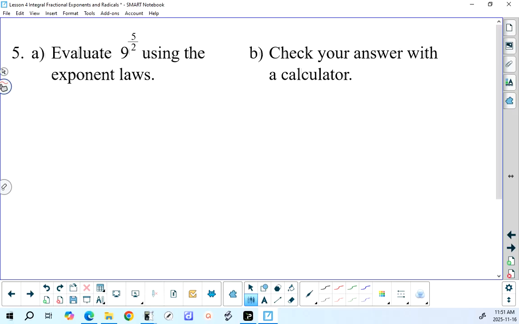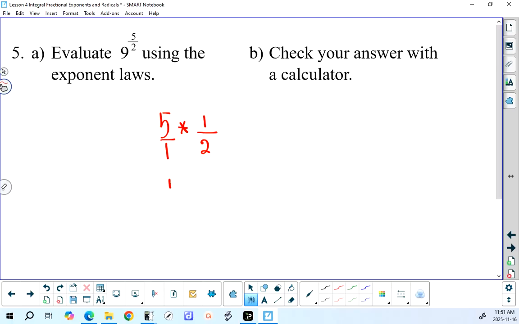The first thing I want you to notice is that 5/2 is 5 multiplied by 1/2. Because if we write 5 as 5/1, then when we multiply fractions, we multiply through on the top and multiply through on the bottom. So we can write 5/2 as 5 times 1/2.